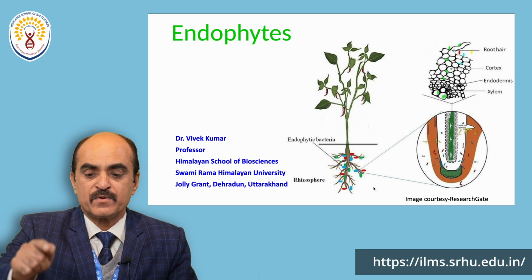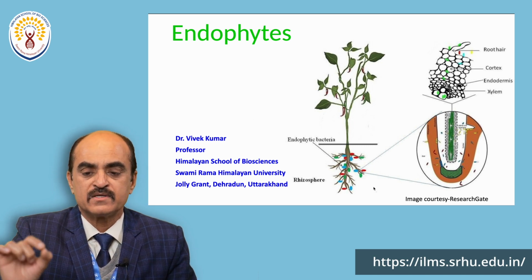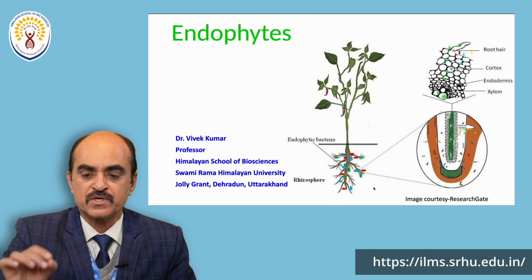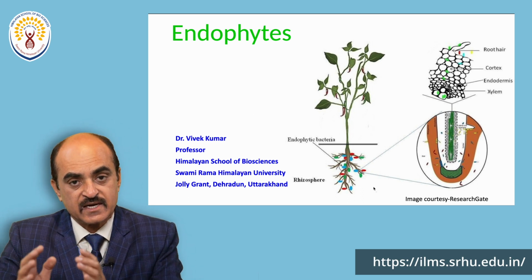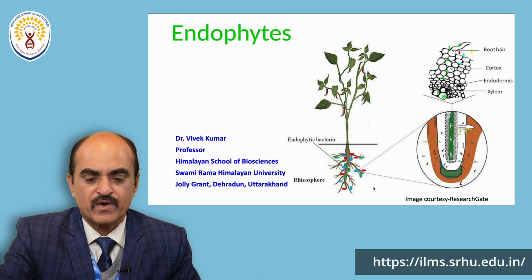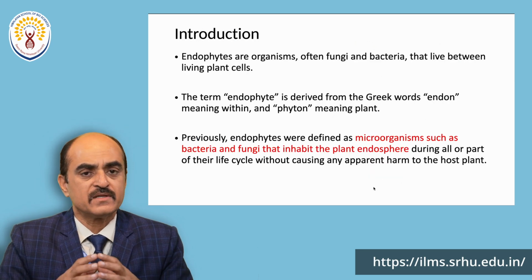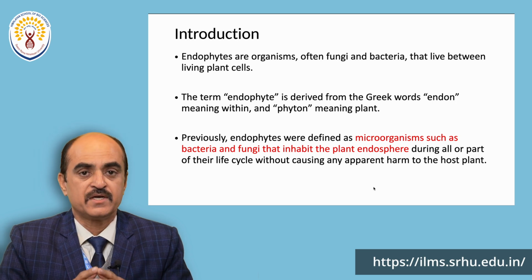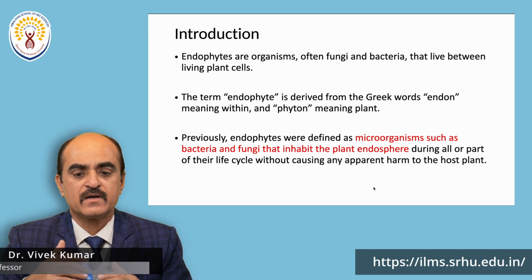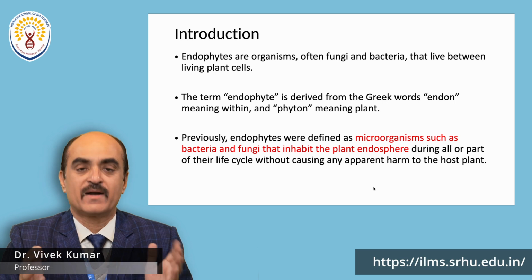And another picture shows that even the microorganisms are present near the root hair, inside the cortex. So those present inside the plant are known as the endophytes. So we can say these are the organisms. They could be bacteria, fungi or actinomycetes. So they live between the living plant cells.